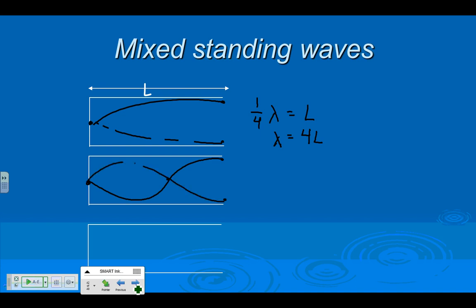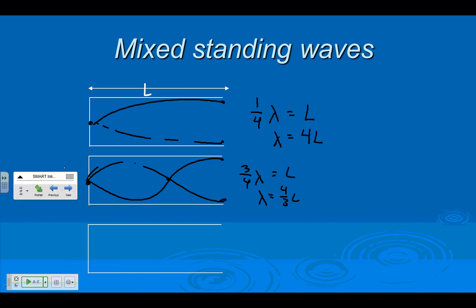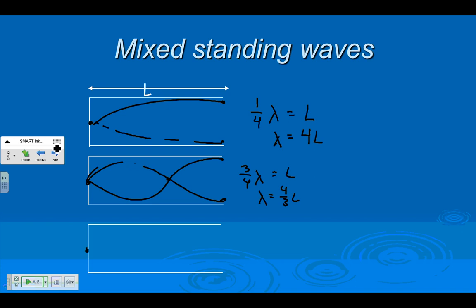How many waves is this? 0.75. It's 3/4 of a wave. So that's half, and then a quarter to get to the next one, just like our first. So what is the wavelength equal here? 4/3 L. Next overtone, node at the fixed end, antinode, 0, 1, 2 nodes here.